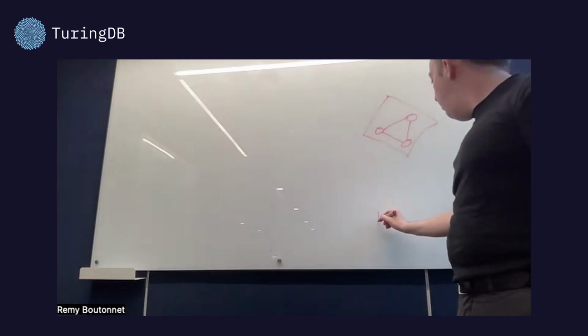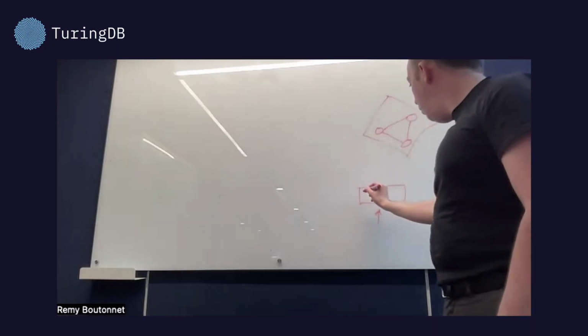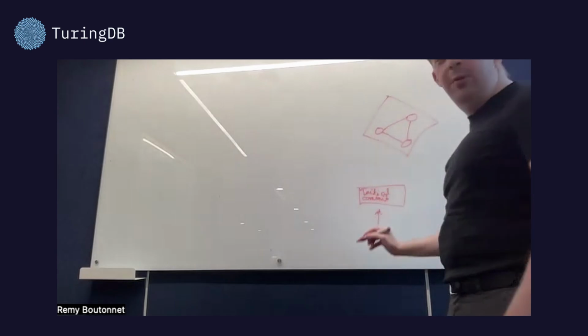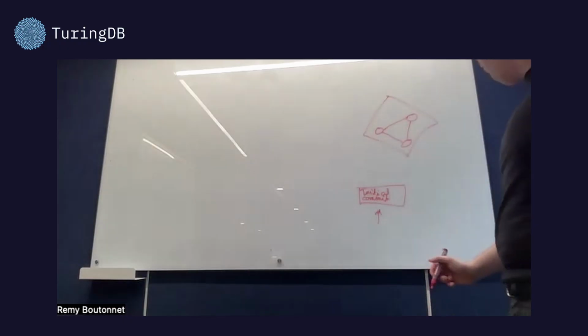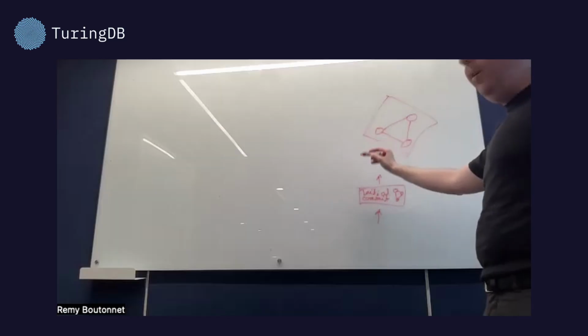Basically it will be the initial commit of the database. It's exactly like when in Git we do the initial commit with our first code. Here it's the initial commit with the first nodes and edges. And so the history of the database can build up like this.